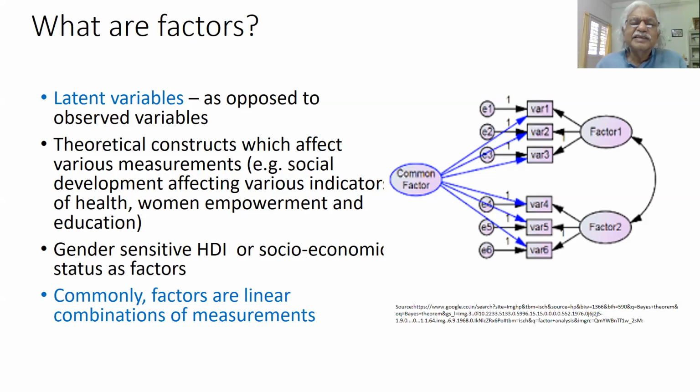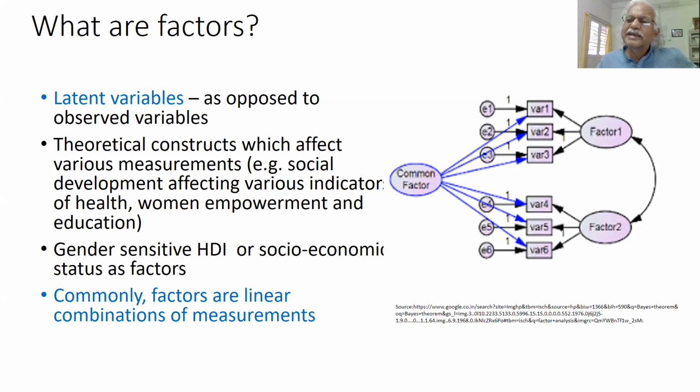A gender sensitive human development index can be called a factor, and it's a function of a number of socio-economic variables which are actually observed. Somebody can observe separately for males and females, participation in politics, life expectancy, and so on.